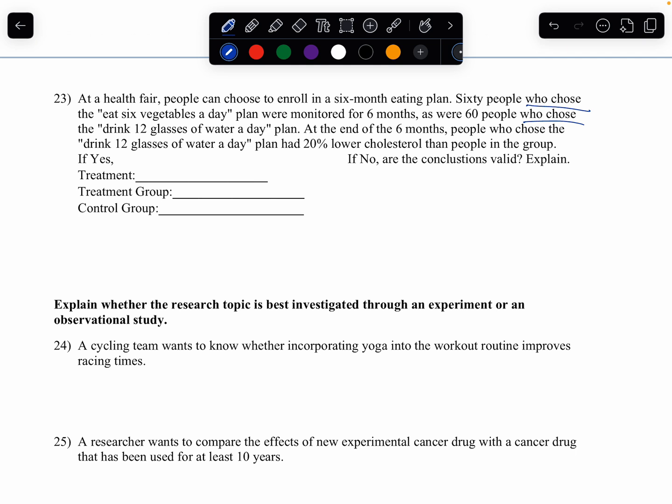And so I would say this is not random, obviously, because people chose their groups. And are the conclusions valid? No, the conclusions are not valid.